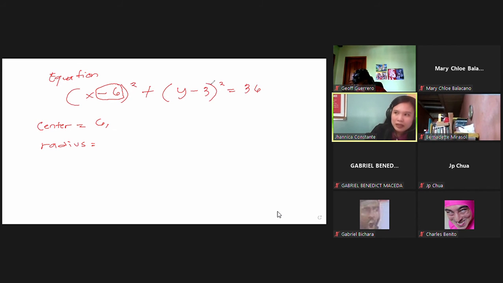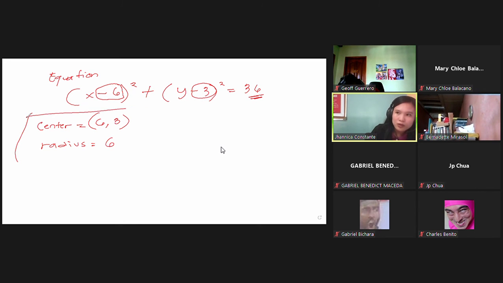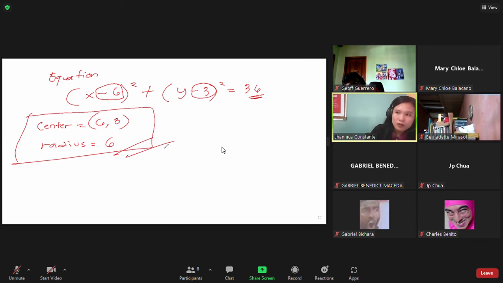And you have a negative 3 for your value of k, it will become positive 3. And to get the radius, get the square root of 36. The square root of 36 is 6. So that is the center and the radius of the circle.